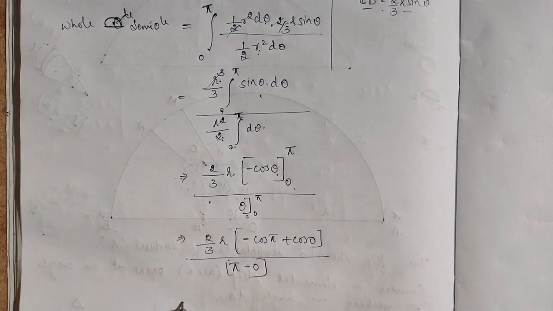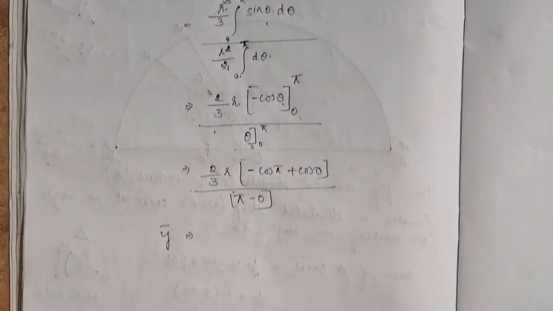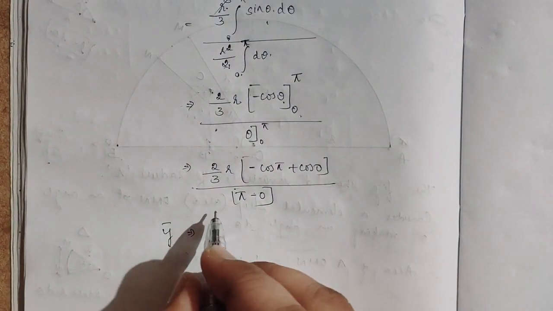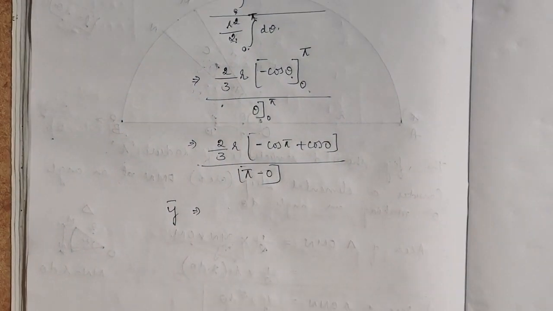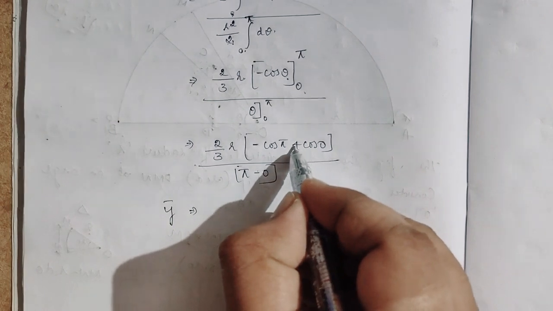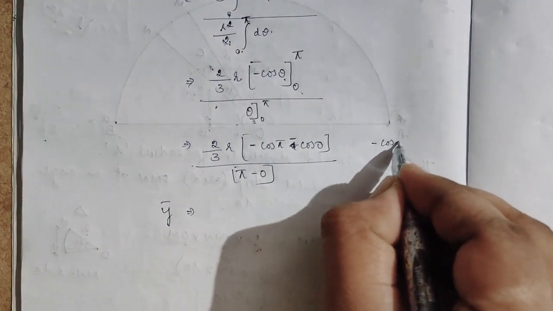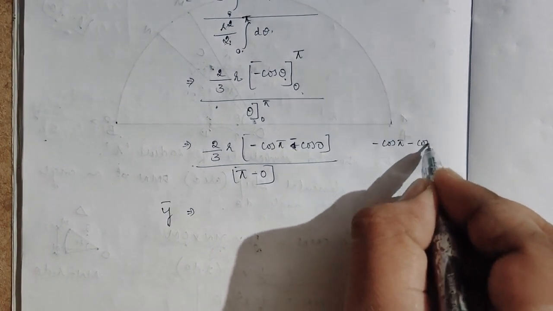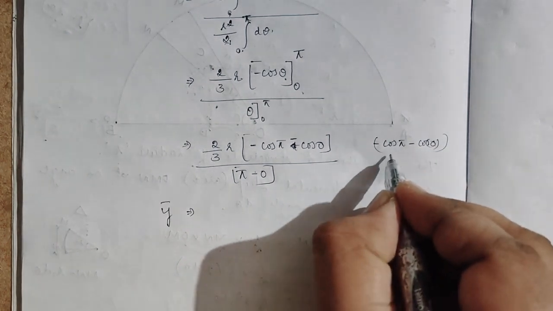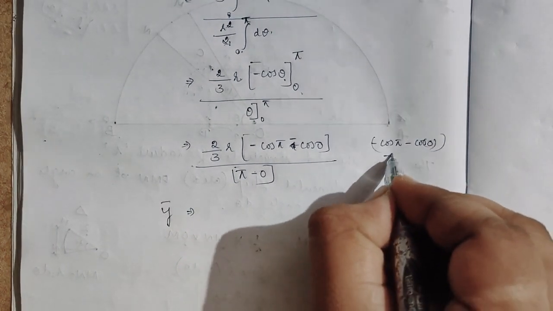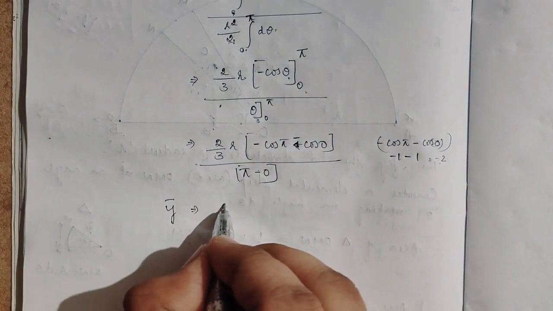Now what happens? This y bar is equal to, so cos pi, you know, becomes negative. So minus cos pi, minus of minus cos 0. Cos pi is minus 1, and this is also minus 1, so it becomes 2.